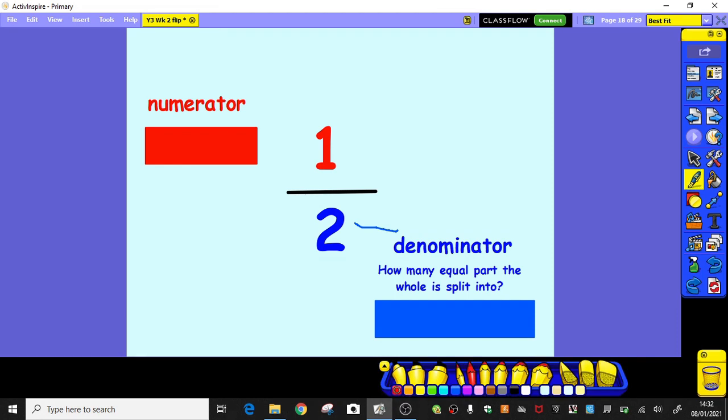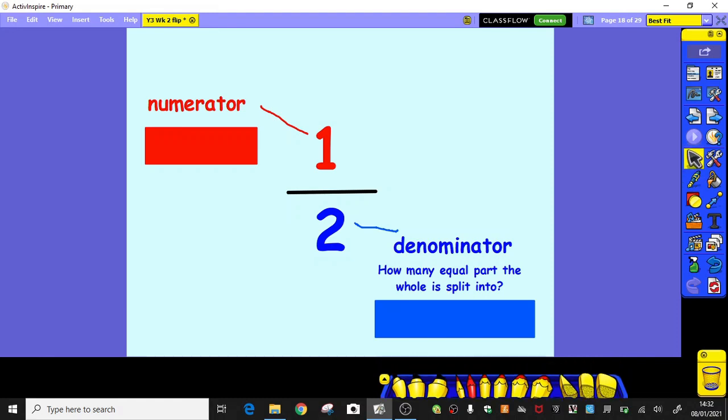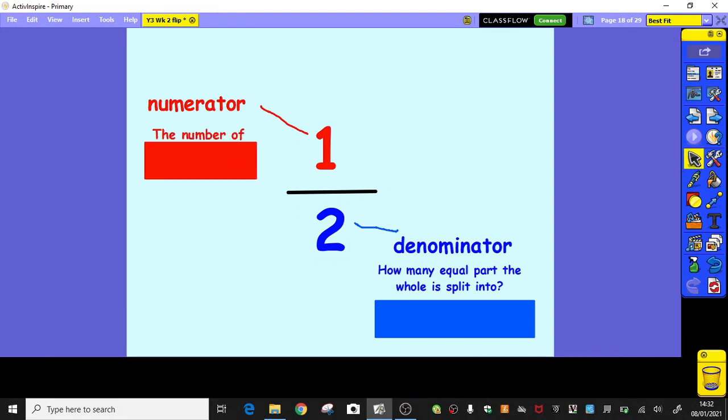Now, the number on the top is called the numerator. What does the numerator tell us? Well, the numerator tells us the number of parts that we have. So this fraction is showing us that we have 1 out of 2 parts, which would be a half.